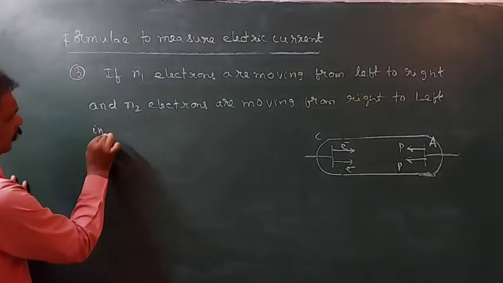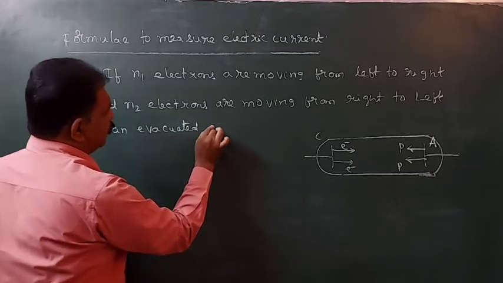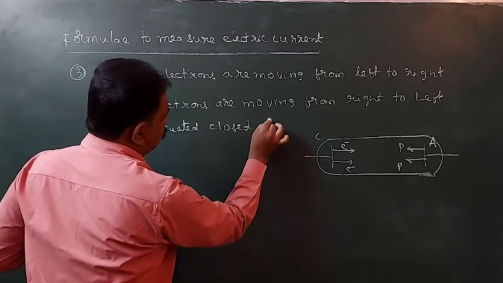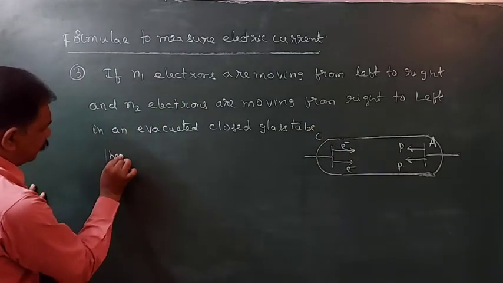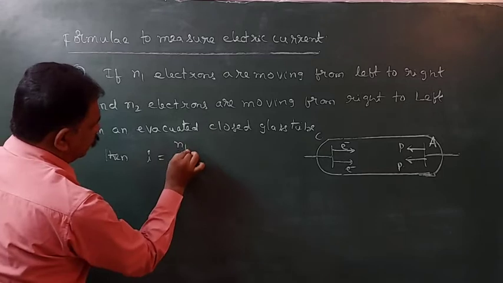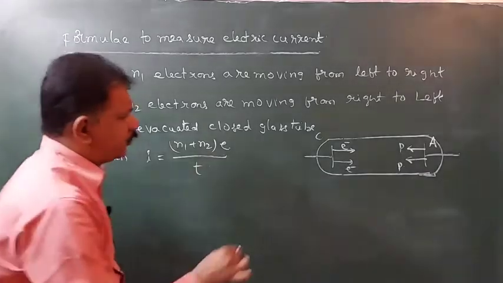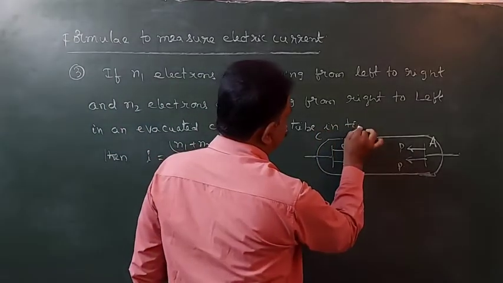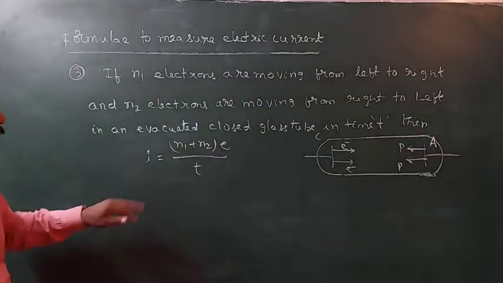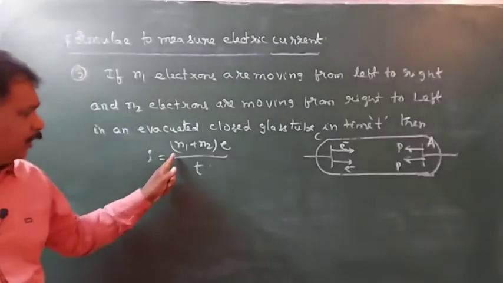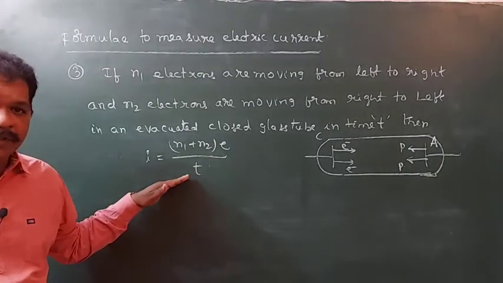In an evacuated closed glass tube, in time t, then I is equal to, we have to use the formula, (n1 plus n2) into e by t. This formula we will use in this case.